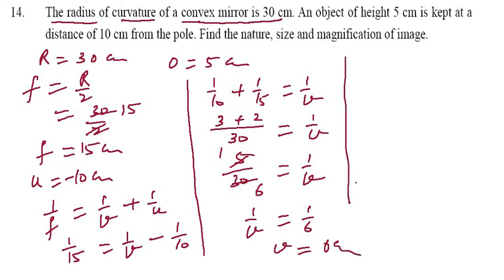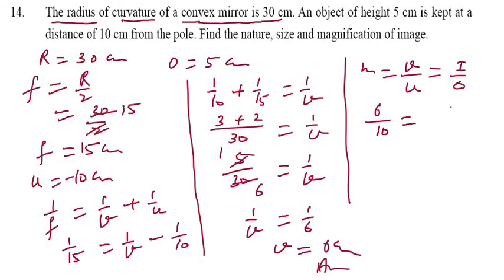Now come to the magnification. It is the first answer. Magnification M is equal to V upon U is equal to I upon O. Put the value. V is given as 6 and U is given as 10, and I we want to find and O is given as 5 centimeters.